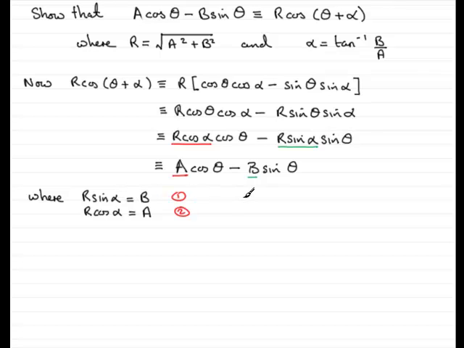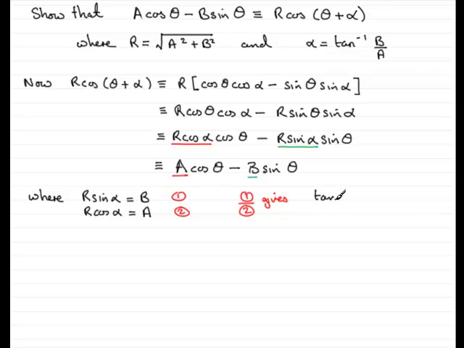If we say 1 divided by 2, we have r sine alpha over r cos alpha equals b over a. The r's cancel, and we've got sine alpha over cos alpha, better known as tan alpha.